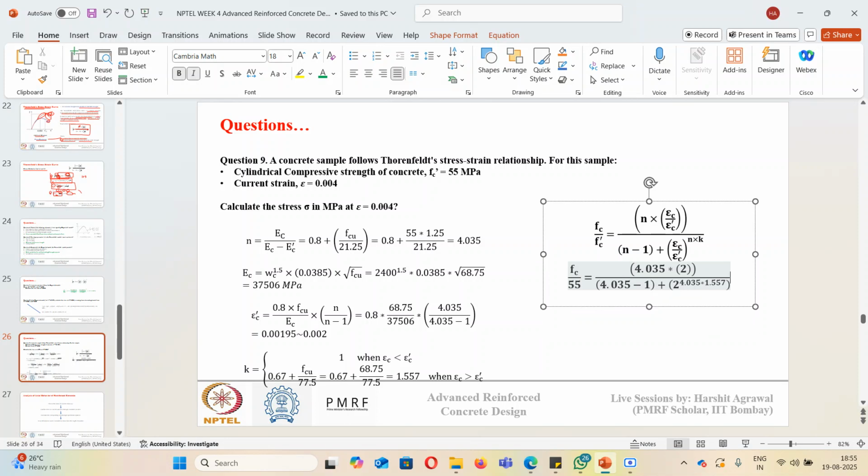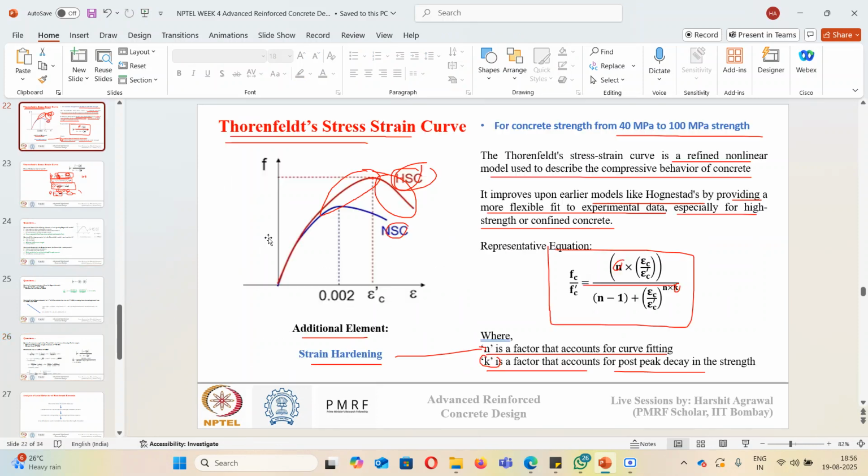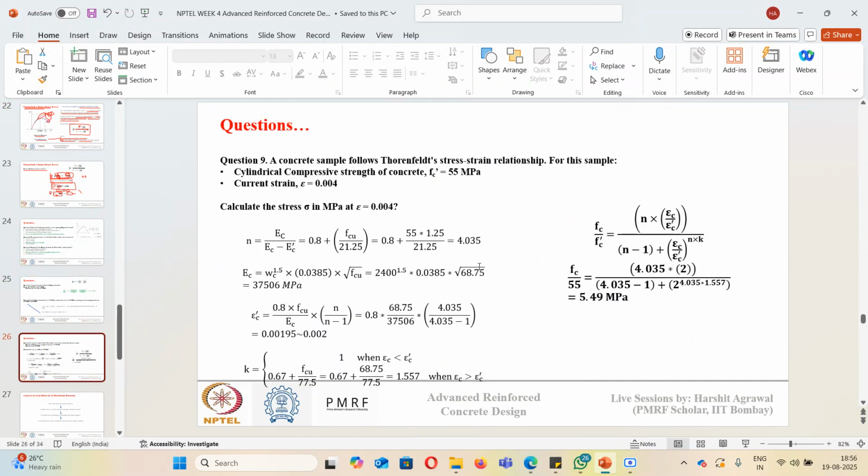This is how we substitute all the values, and from here when you do the calculation you will get fc equal to 5.49 MPa. So in this descending part, the strength will reduce up to 5.5 MPa when strain reaches 0.004. This is how we use the stress-strain relationship for doing the calculation.